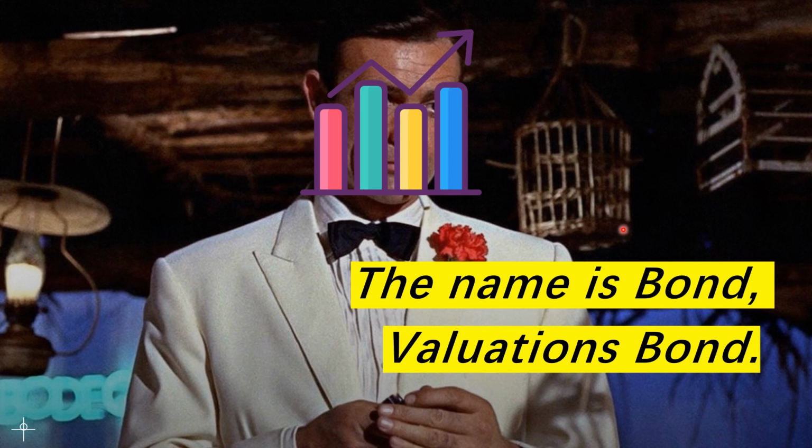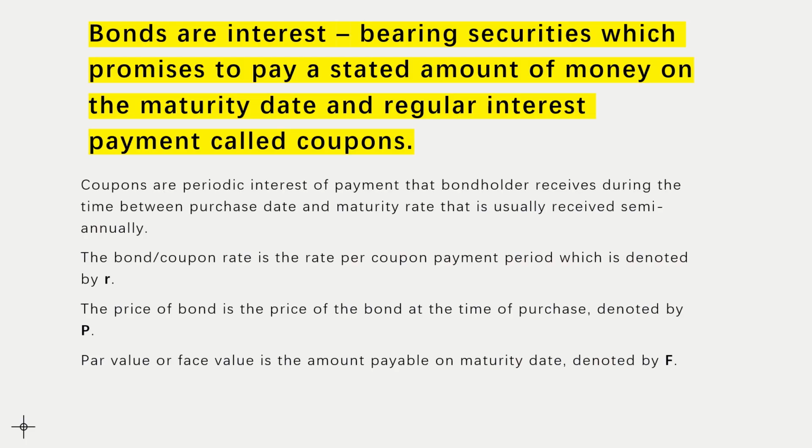So now let's proceed to our bond valuations. Bonds are interest-bearing securities which promise to pay a stated amount of money on the maturity date and regular interest payments called coupons. So what are coupons? It's not the coupons that you're used to that give you 50 pesos off or 99 pesos off on certain products.